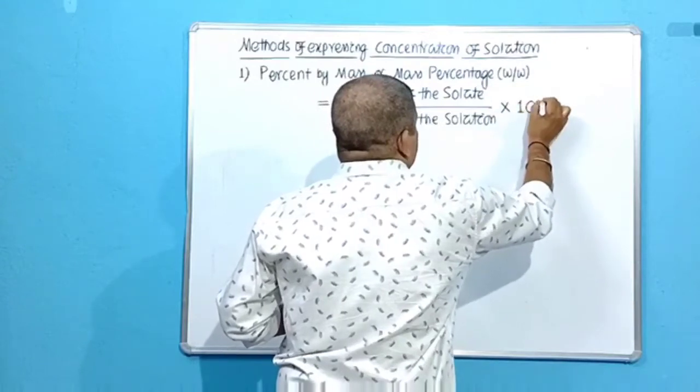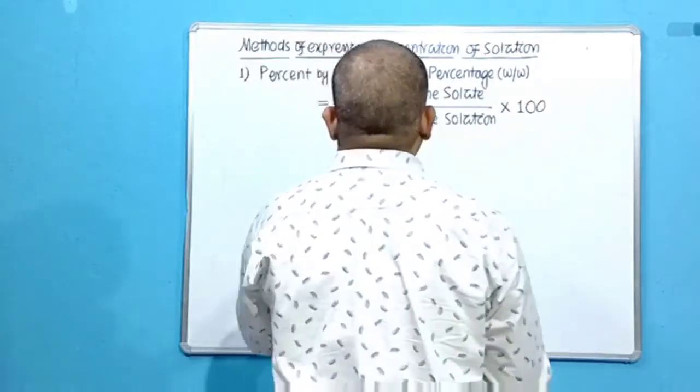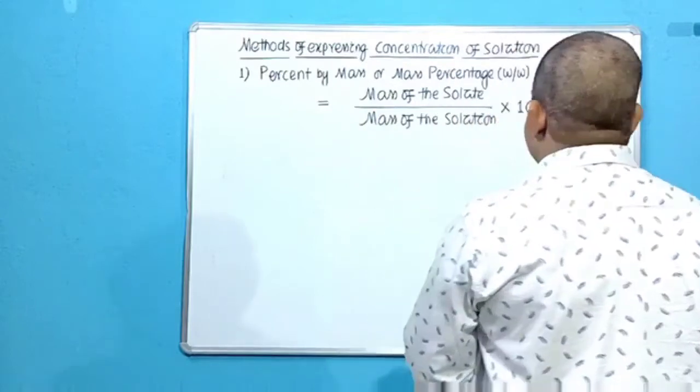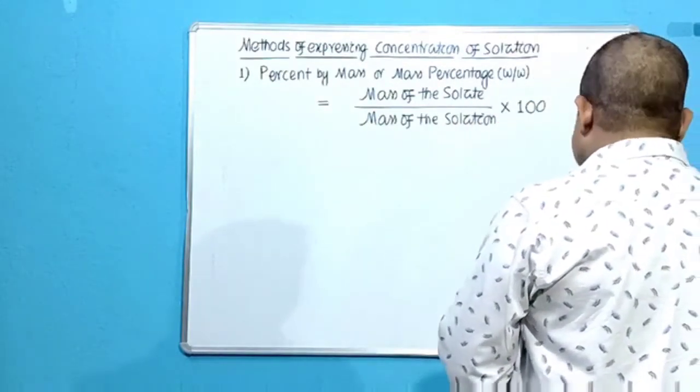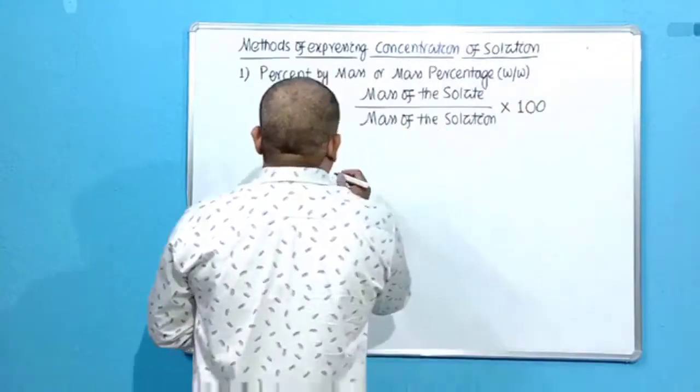Percent means every time it will be multiplied with 100. So what is the formula to calculate percent by mass or mass percentage? The mass of the solute divided by mass of the solution into 100.